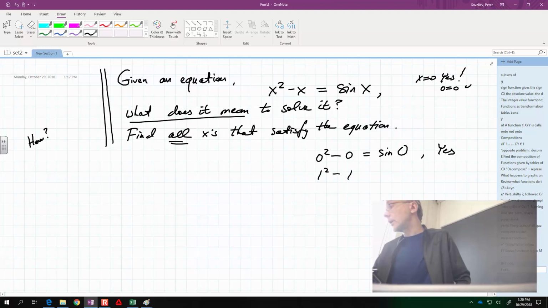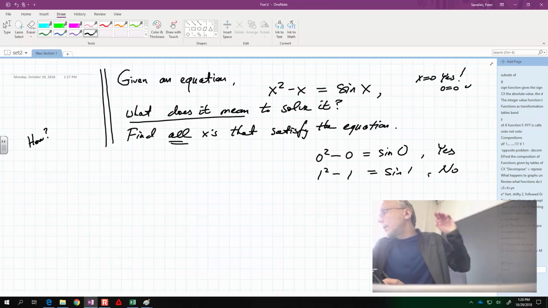So 1 squared minus 1 is equal to sine 1? No. In general, if you have no slightest idea of how to solve it, the fallback method is trial and error, which is what I did, and at least there's a chance that you run into something. I plug in 0 and I have yes, and I plug in 1 and I have no. That's what the story is about.